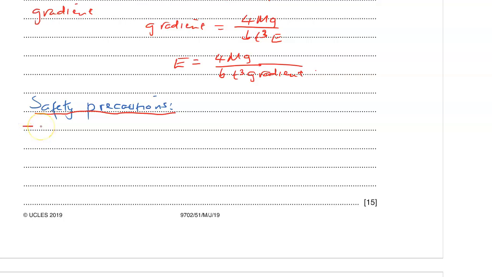You need to assess the risk of the experiment and describe precautions that should be taken to keep a risk minimum. I will go for, since we are having some masses and a string that is bending the wooden strip, then I will go for protective goggles.